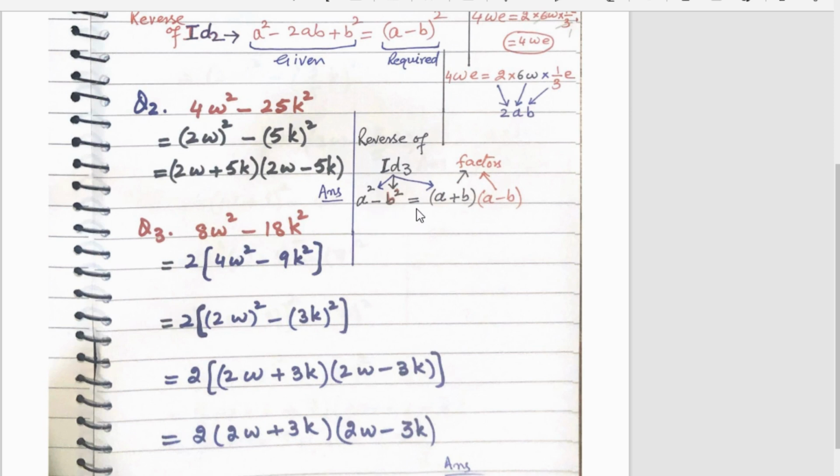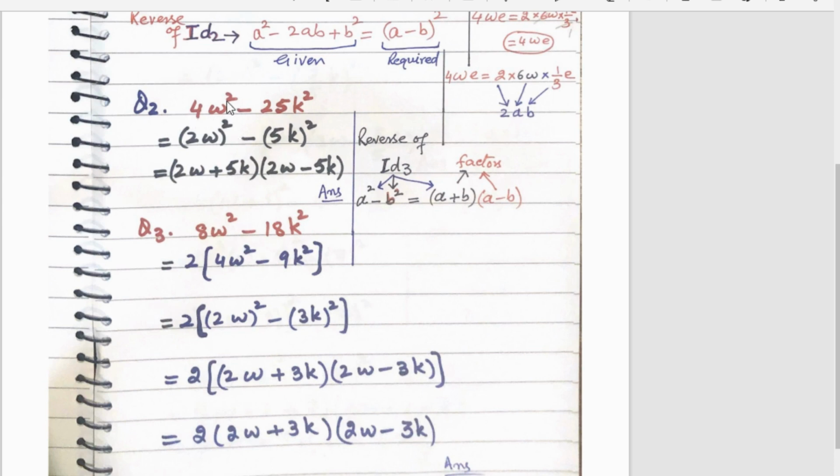And it is equal to two factors, a plus b and a minus b. Now we are given this side. We are given two squares with minus sign, which means we are given the difference of two squares here. This square and minus sign is helping us to take this step.